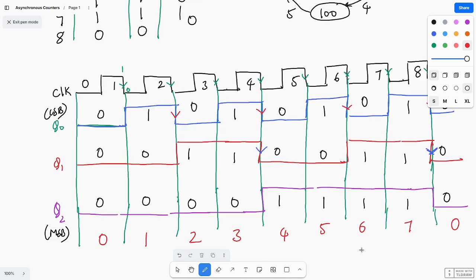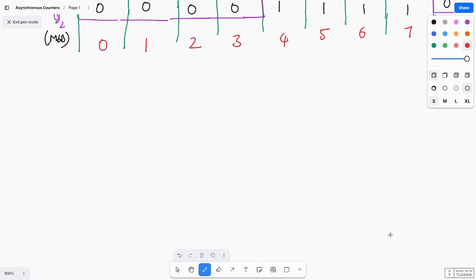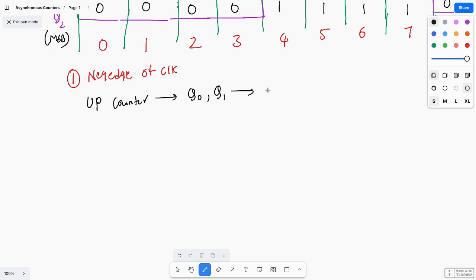In conclusion, what I can say is, if it is neg edge of clock and I want to design an up counter, Q naught and Q1 act as a clock to the next flip-flop.